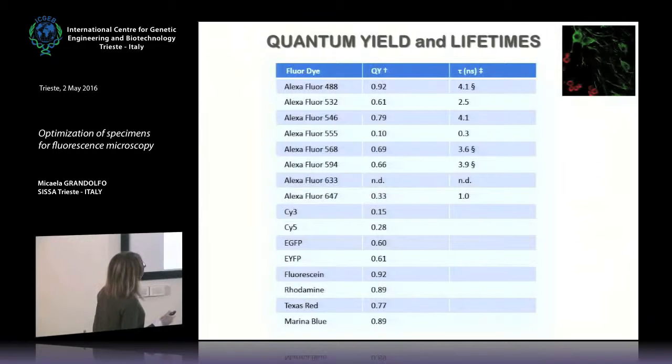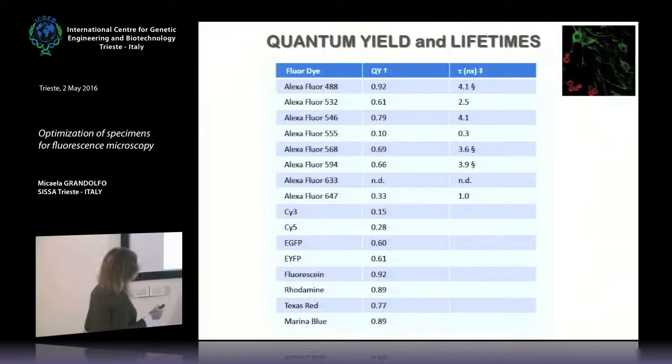Okay? I would like to underline that the quantum efficiency is directly connected to the lifetime. So a high quantum efficiency means that the fluorophore has a long lifetime, in terms of nanoseconds.